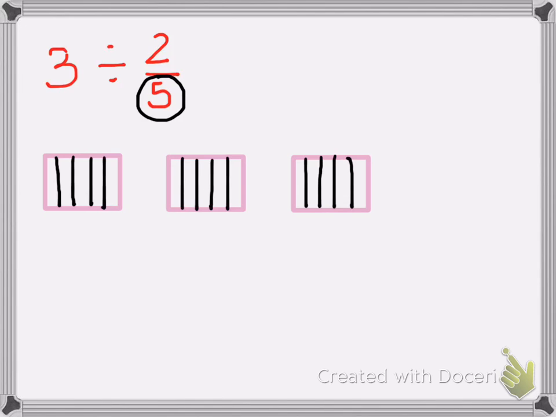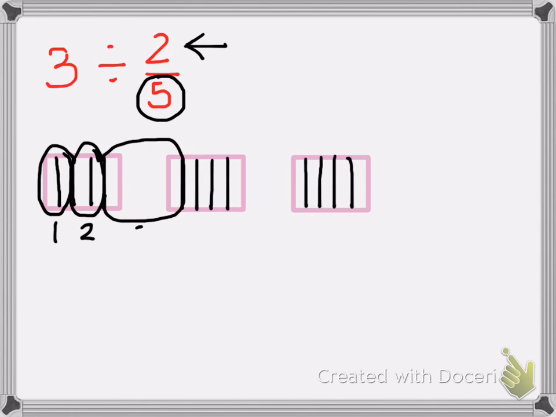Now, my next job is to group them into groups of 2. So I can see that here's a group of 2. That's 1. Here's another group of 2 right here. That's 2. Doesn't that look like Squidward's eyes a little bit? Okay, here's 3. There's one there and one in the second box, so that's another group of 2.